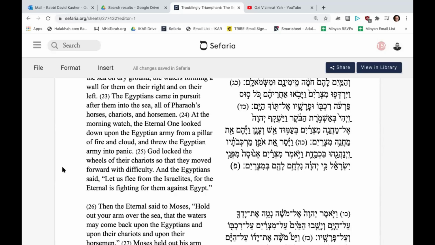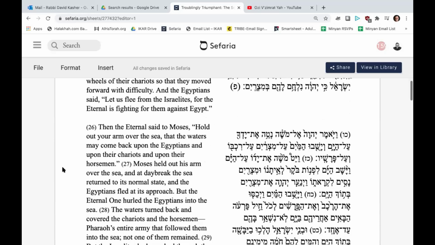At the morning watch, the Eternal One looked down upon the Egyptian army from a pillar of fire and cloud and threw the Egyptian army into panic. God locked the wheels of their chariots so that they moved forward with difficulty. And the Egyptians said, "Let us flee from the Israelites, for the Eternal is fighting for them against Egypt."